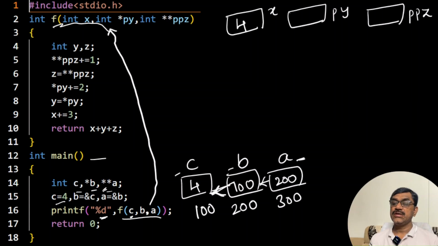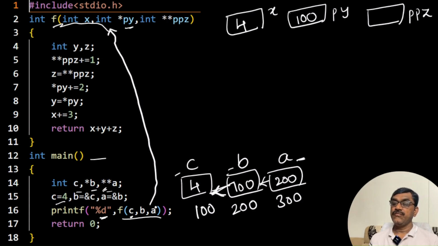We are passing B, where B is a pointer in the main. So to receive the value of B, we need again a pointer in the function definition f. So py is a pointer which is going to receive the value of B. The value of B here is 100. So the B value is received by py, and the py value here now becomes 100.